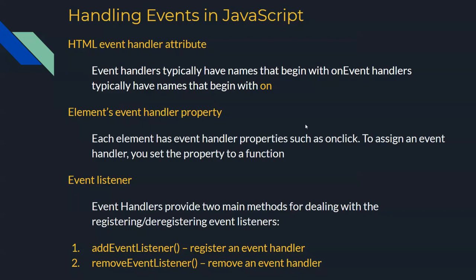So event handler typically have name that begin with on. So if you want to use an event called click, then you have to append an on in front of that click. If you want a mouse over, you have say on mouse over, on click. So these are the event handler attribute. Let's go to our playground and see.